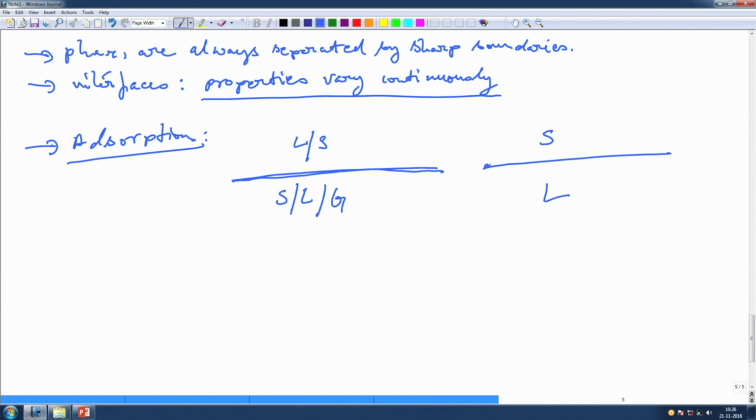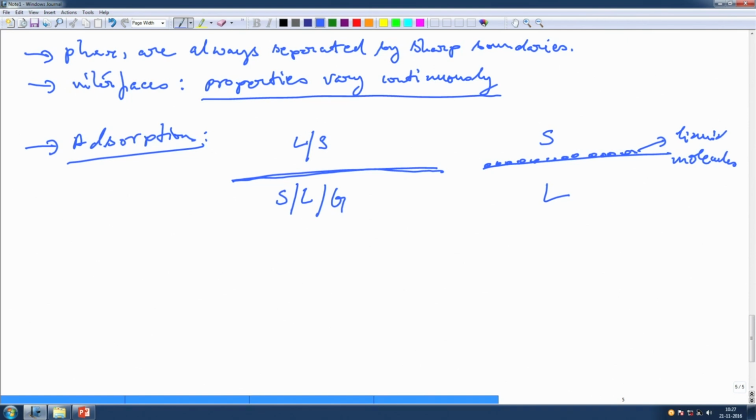The solid side of the interface retains some of the liquid molecules. They get adsorbed on the surface. As soon as the liquid molecules get adsorbed, it affects the wetting behavior, because it alters the interfacial tension of the solid-liquid interface. This layer that forms retains some of the liquid molecules on the solid substrate, on the solid side of the interface.